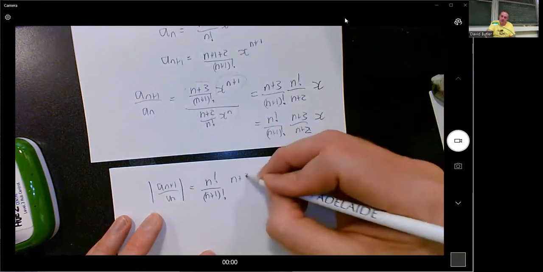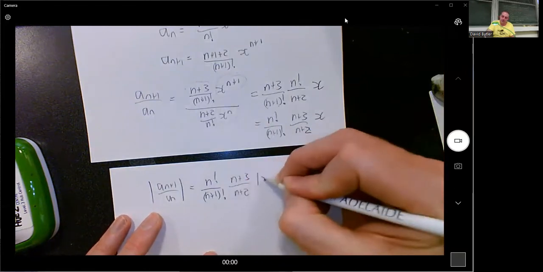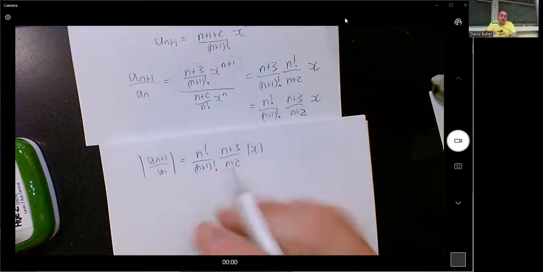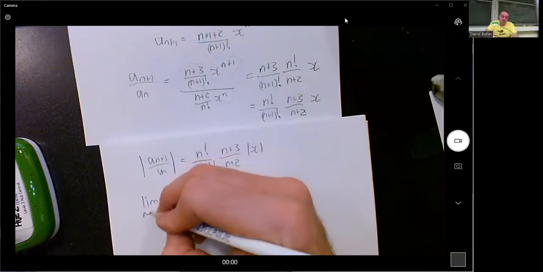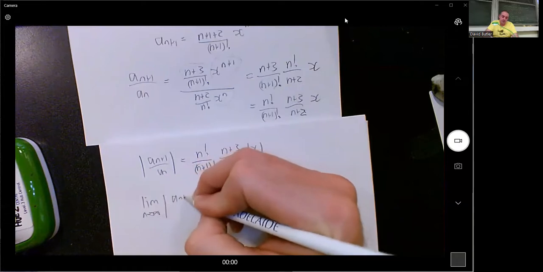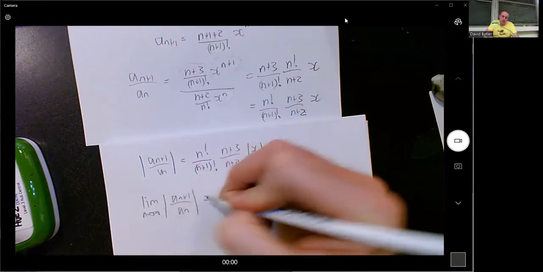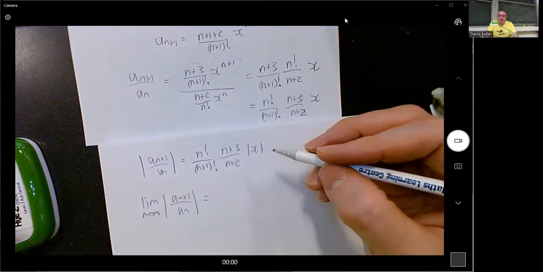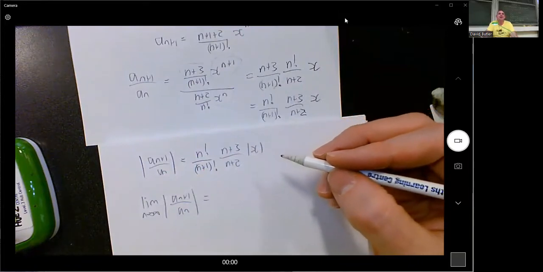Oh, crap. And so we want to do the limit of this as n goes to infinity. It's going to be 0. Yay.